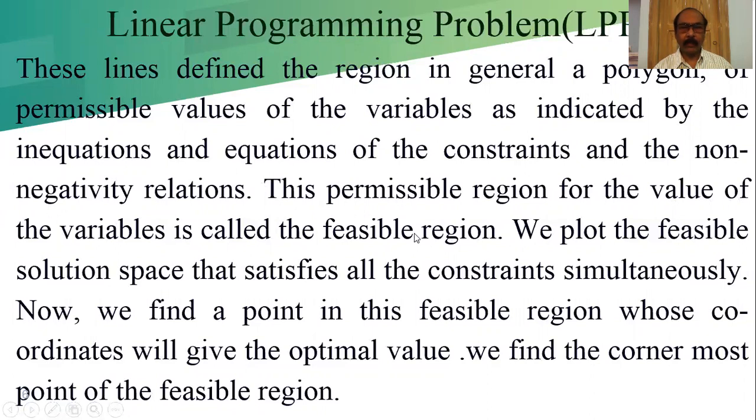So according to the constraints and the variable restrictions, whatever feasible area we get is called the feasible region. We plot the feasible solution space that satisfies all the constraints simultaneously. That means any point within the feasible region satisfies all the given constraints and the non-negativity conditions. So that area is known as the feasible region.